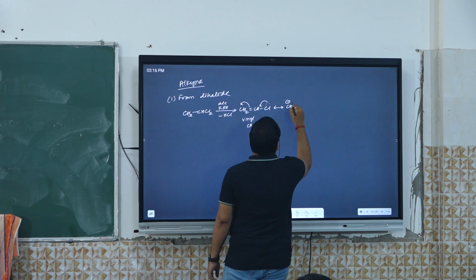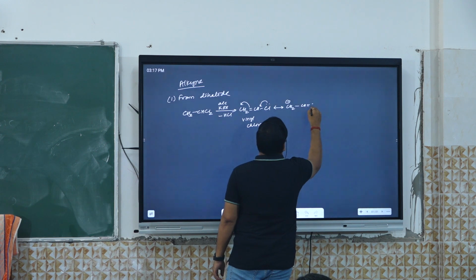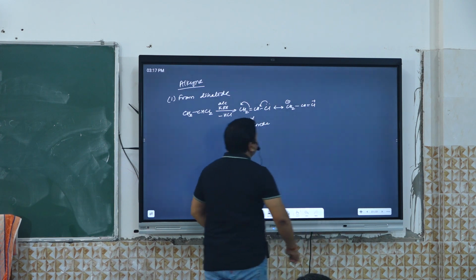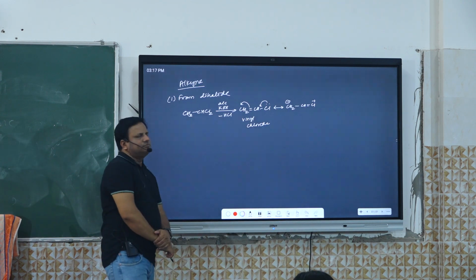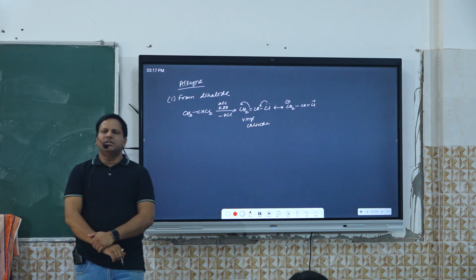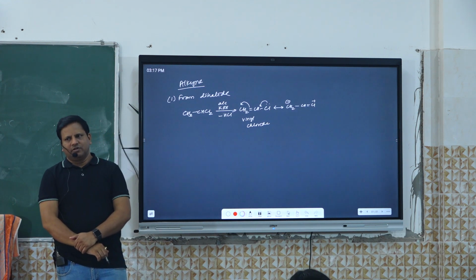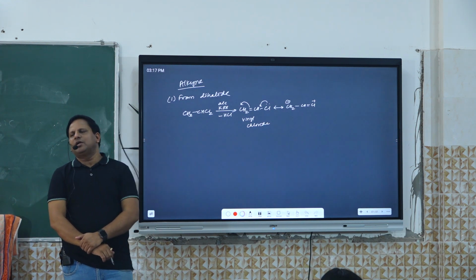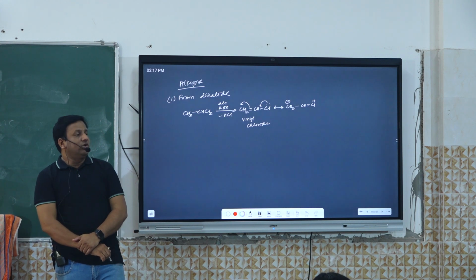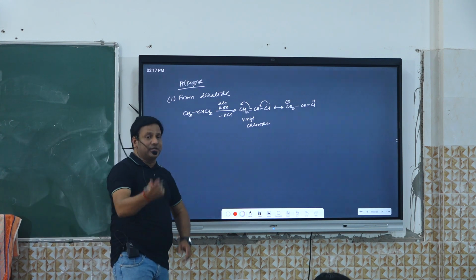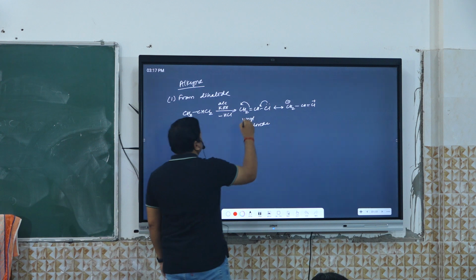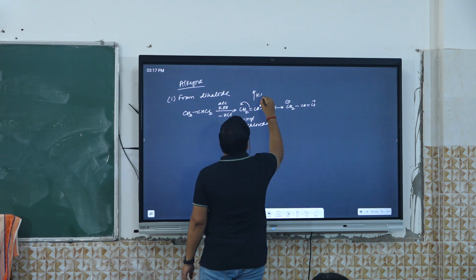Since partial double bond character is established, removal of the further HCl or HX is not easy. That cannot be possible by the help of alcoholic KOH. So we have to take the help of another strong base. What is the strong base you can take? KNH2.